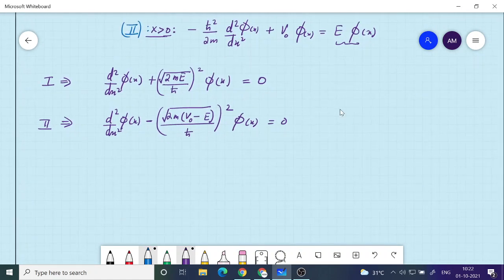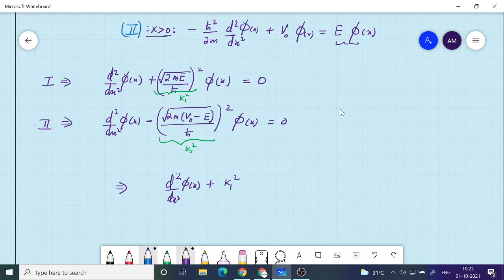Now what I'll do is define this quantity as k1, and this quantity inside the bracket, together it will be k1 square, and then this will be k2 square. So I can now have a shorthand way of writing: d square by dx square psi of x plus k1 square psi of x.